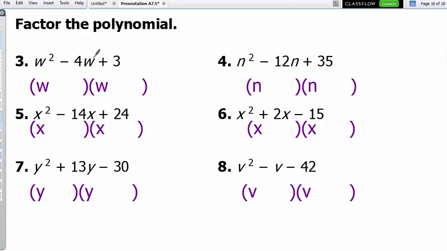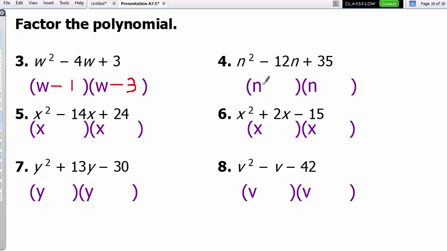So in all of these, I'm looking to see, first off, is c positive or negative? Because if c is positive, they both have the same sign, and the sign in this case is going to be negatives. Factors of 3, 1 and 3, those are the only factors of 3, and they work, they get me 4.